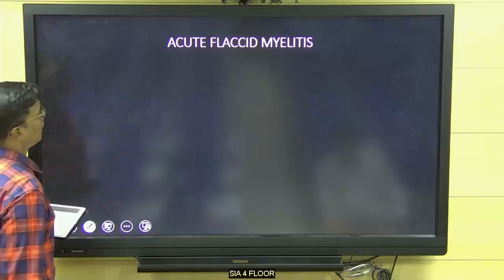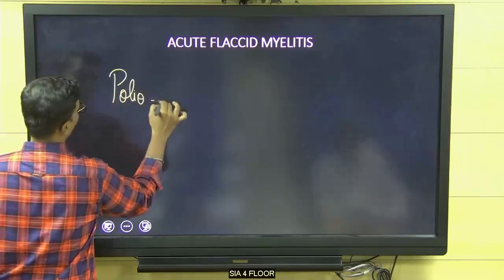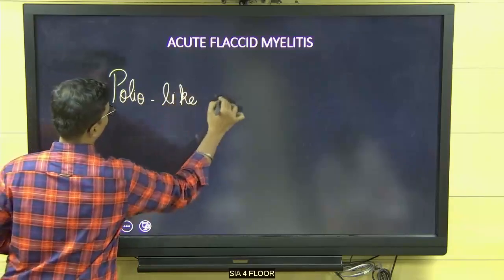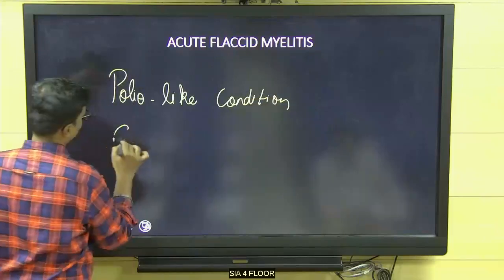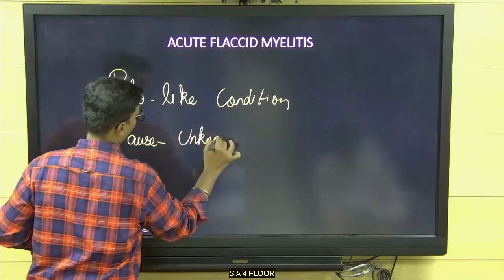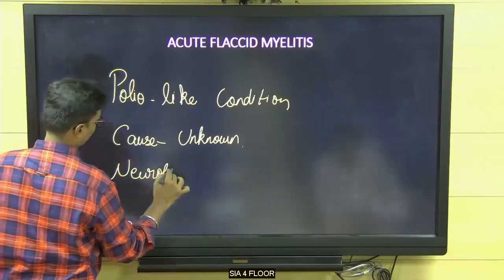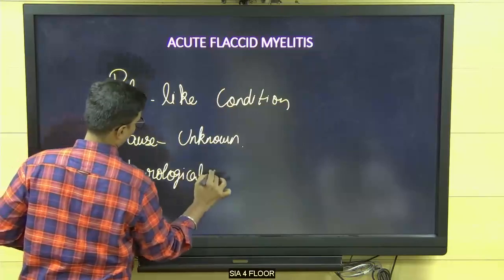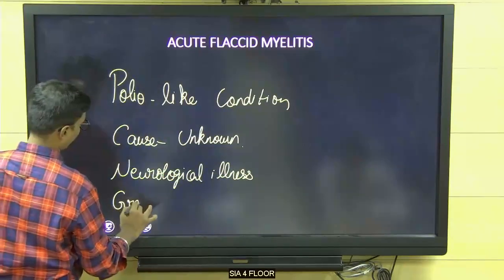First one. So acute flaccid myelitis is a polio-like condition. I repeat, it's a polio-like condition. It's not exactly polio. It's not a type of polio also. Second thing, the cause is unknown. The type of virus that causes it is unknown, wherein it's a neurological illness, and it affects the gray matter.